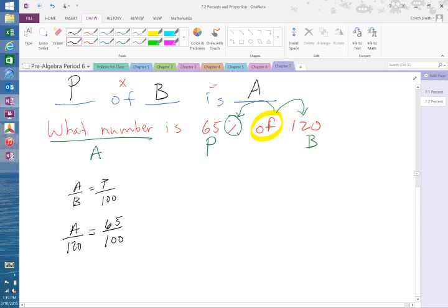Now it's just like a proportion that we had in Chapter 6. We solve proportions by cross-multiplying and then solving by doing the inverse operation.